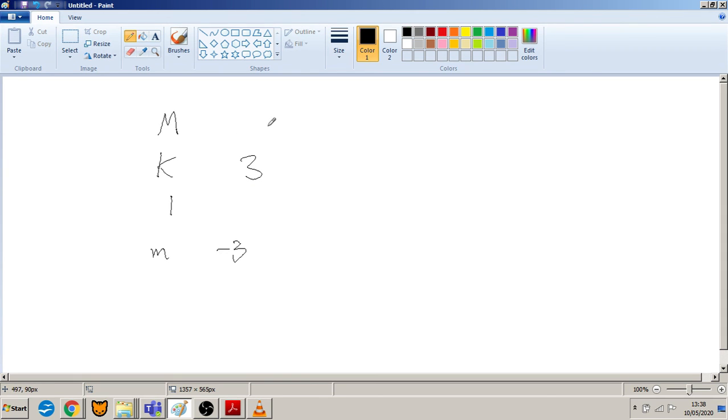Mega, 10 to the 6. Megabytes is 1,000,000 bytes. Giga, 10 to the 9, so it's 1,000 million, billion in UK term. And then tera is 10 to the 12, that's 1,000 gigas. The other way around, micro is to the minus 6, and nano is to the minus 9.